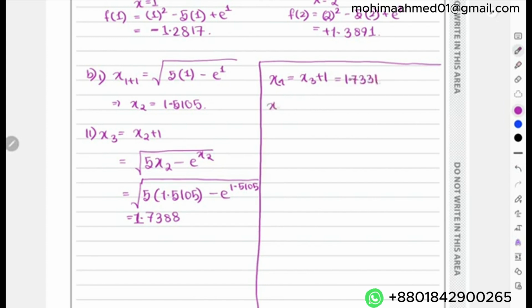Okay, and then again I'll move to x5, which is x4 plus 1. Again, instead of writing 7388, I'll write 7331. So you get 1.7342.